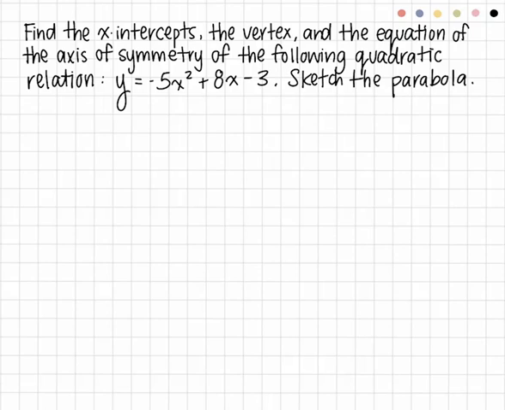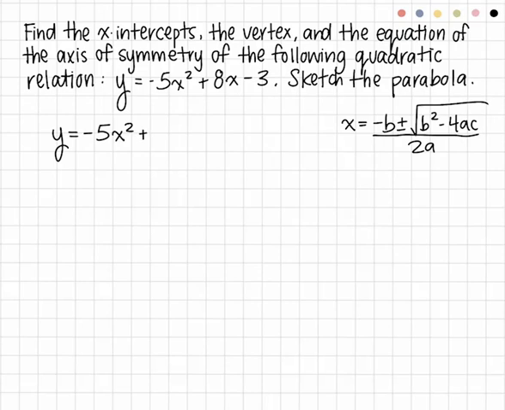So let's set up our quadratic equation off to the side: x equals negative b plus or minus the square root of b squared minus 4ac, divided by 2a. I'm also going to rewrite the relation we've been given, which is negative 5x squared plus 8x minus 3.